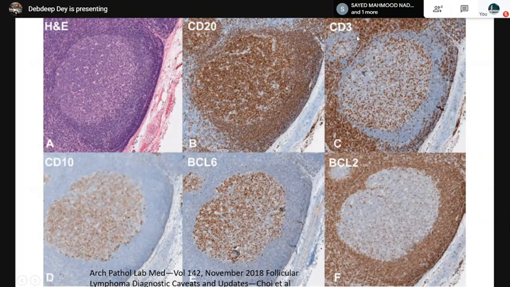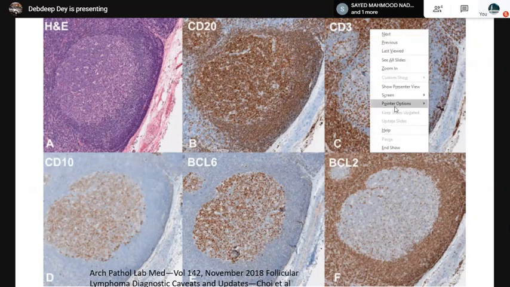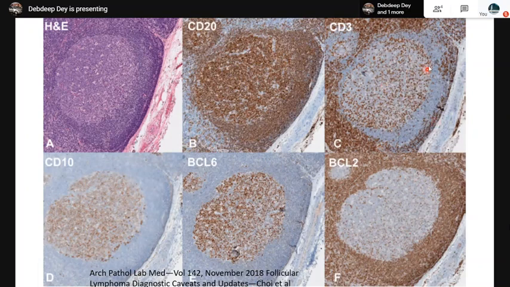CD3 stains the T lymphocytes in the interfollicular area, with few CD3 positive cells within the follicles.